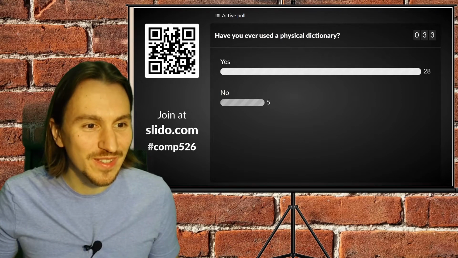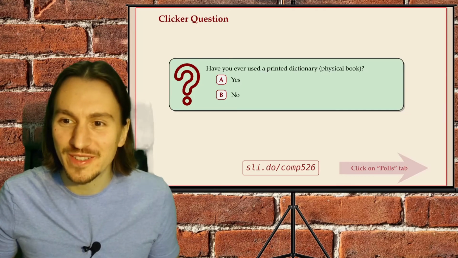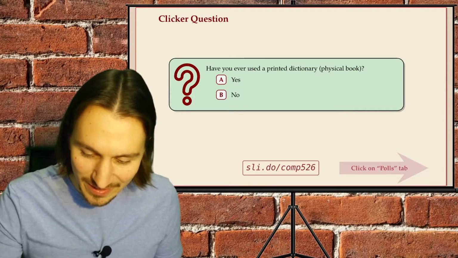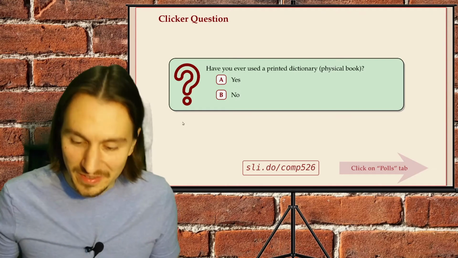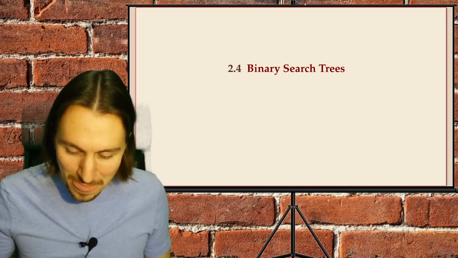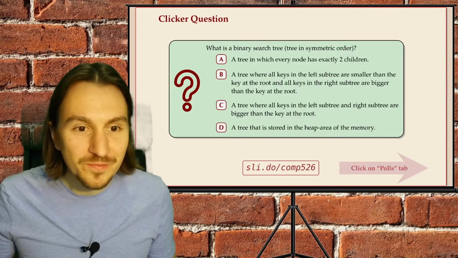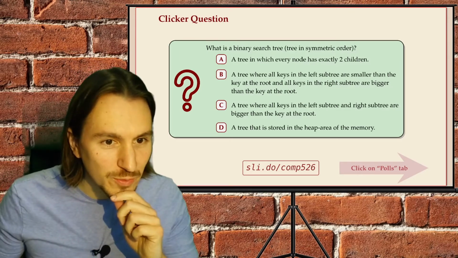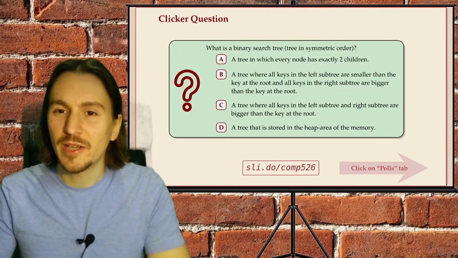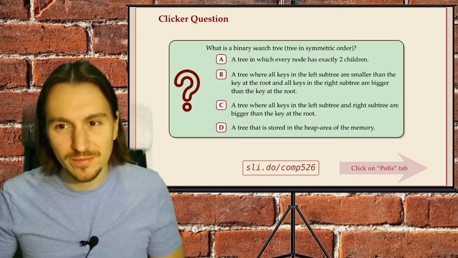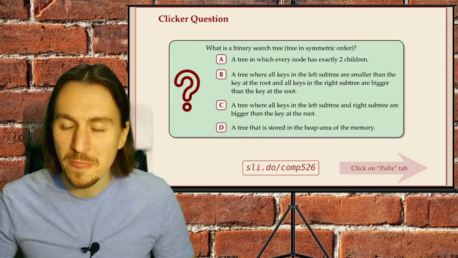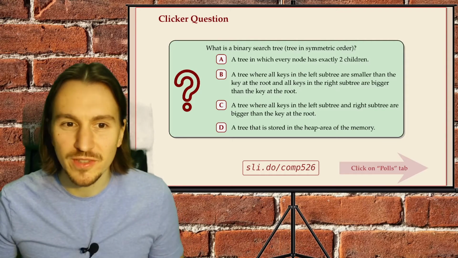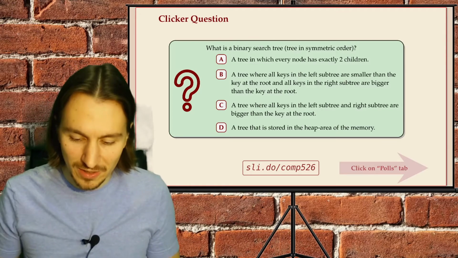That's good because that's a typical metaphor that's used in this context. Yeah, let's continue with this one. Many of you have said they've seen binary search trees before, but I want to see how well that's stuck.